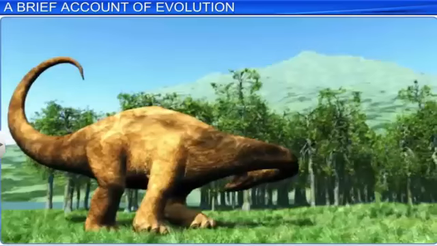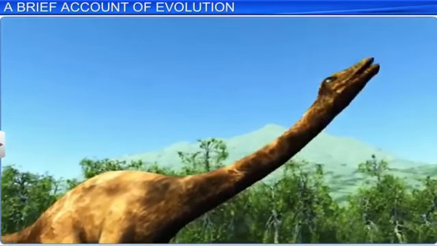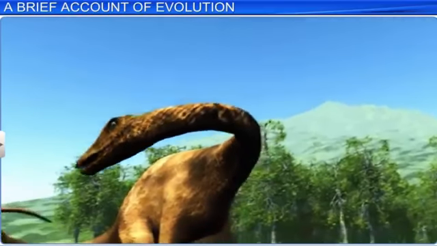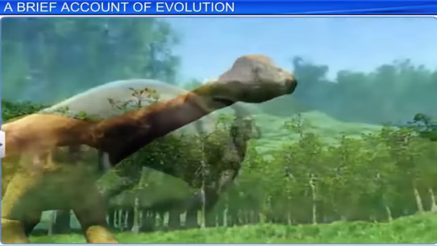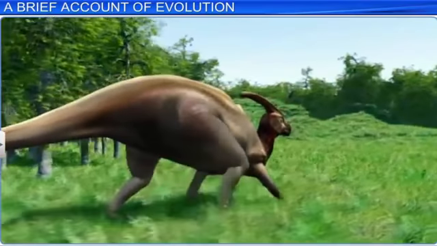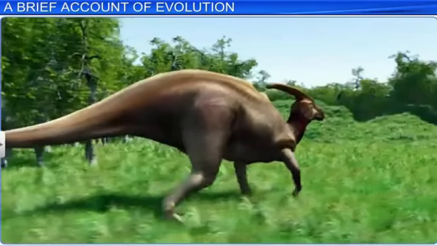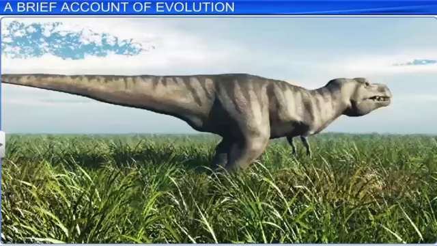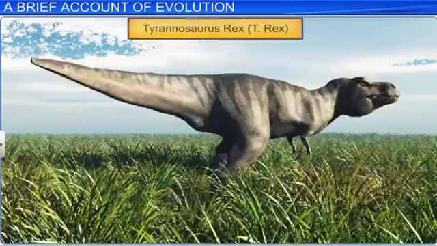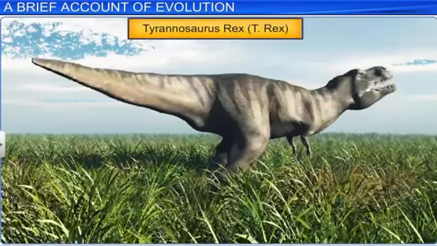Meanwhile, the land reptiles of the Mesozoic era were the famous dinosaurs with terrifying large teeth. They were a diverse group of reptiles which remained the most important terrestrial vertebrates for more than 160 million years. The tallest dinosaur, known as Tyrannosaurus rex, was around 20 feet tall.